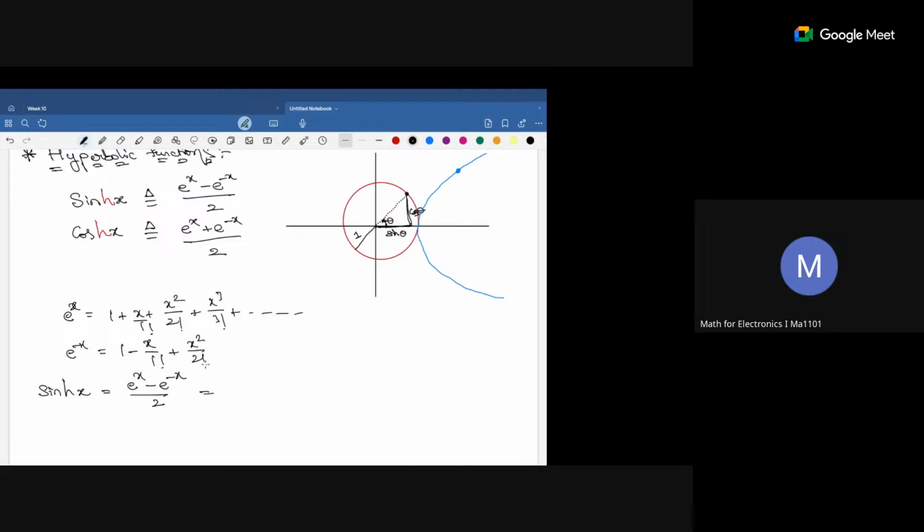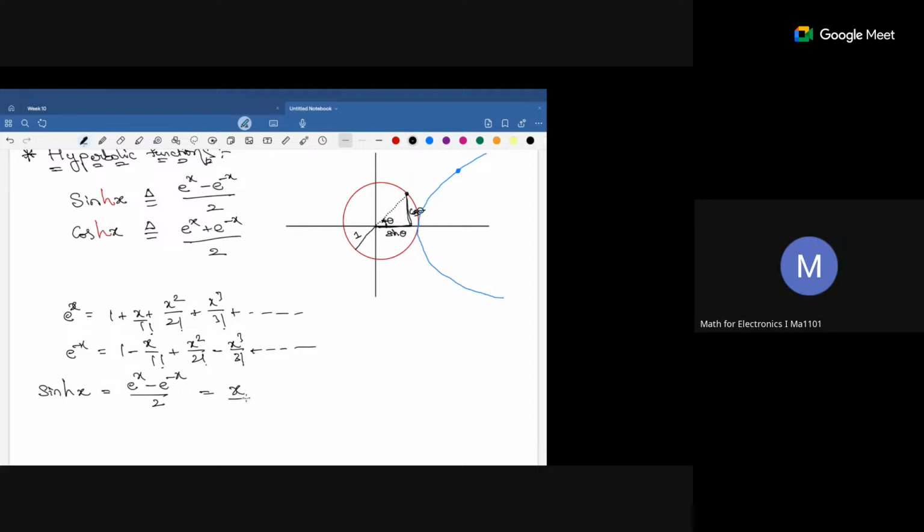minus x whole square, which will be x square by 2 factorial, plus minus x whole cube, which gives us minus x cube divided by 3 factorial and so on. So if we do e power x minus e power minus x, the even powers will get cancelled out. Only the odd powers will remain, and they will be twice. So each term will be twice, and if you divide it by 2, you will get each term once.